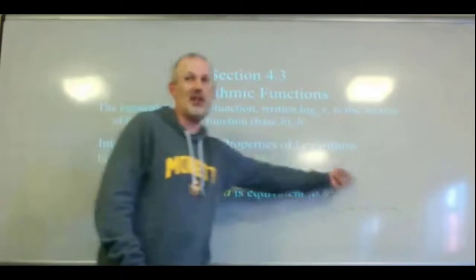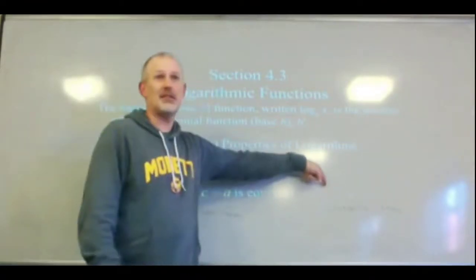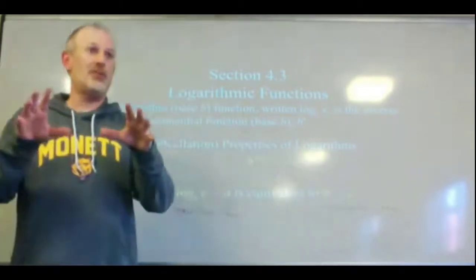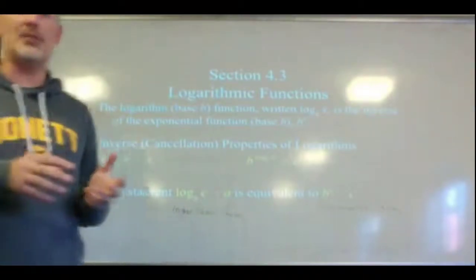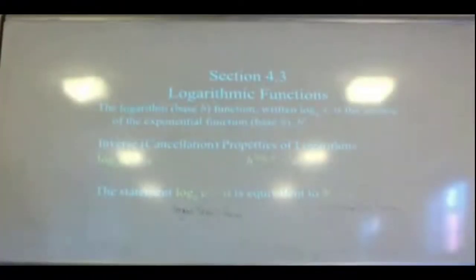It's going to go by itself over here. The A is by itself over here. It's going to go by the base when you rewrite it. Okay, so you always identify the base first, and then the other two values are going to switch spots related to the base. All right, so that's what we're going to be working with here at the beginning, is understanding how to switch those back and forth. And again, there's not a whole lot of math to it. You just have to remember the pattern for these.